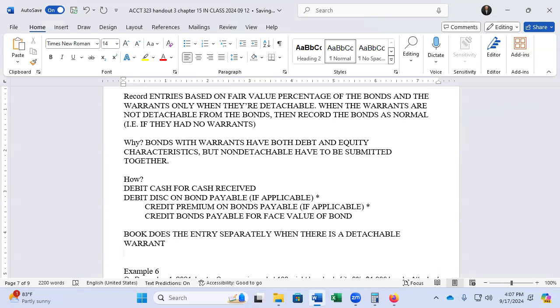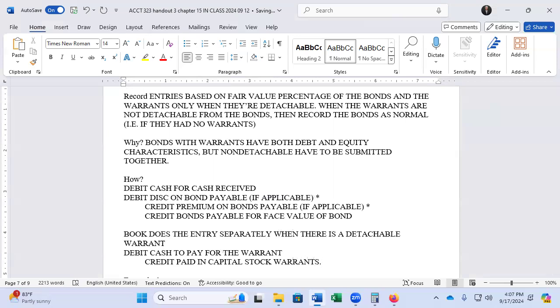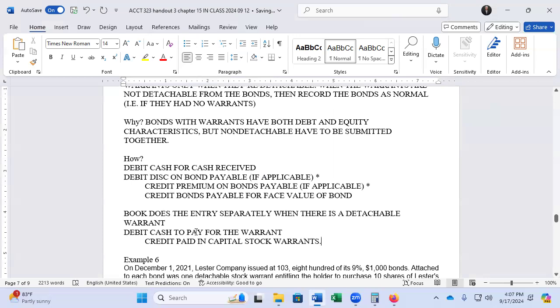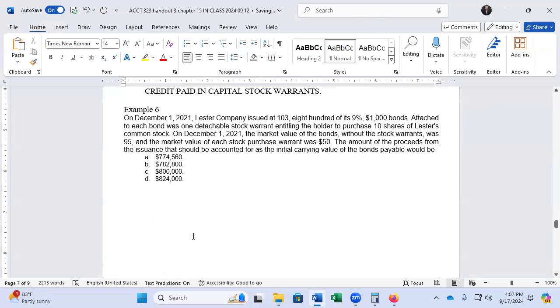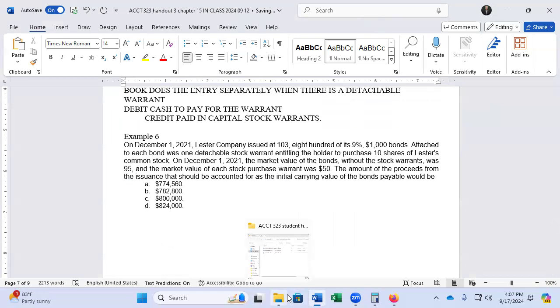The extra entry would be debit cash to pay for the warrant, and you would credit paid in capital, stock warrants. Okay. And let's do example 6 here.